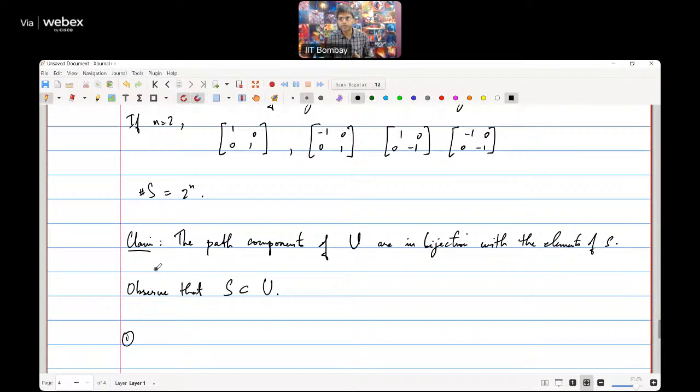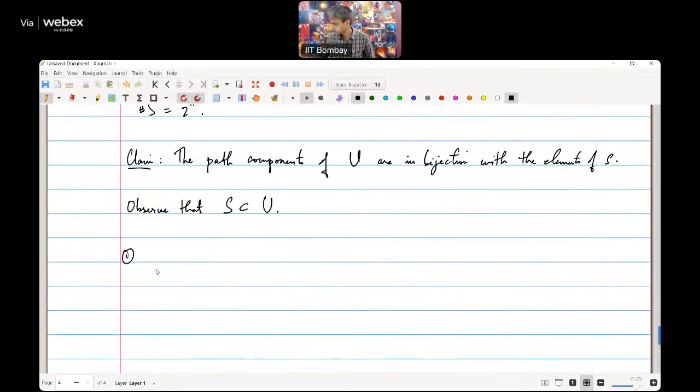The proof of the claim will be almost immediate once we prove the following two subclaims or assertions.